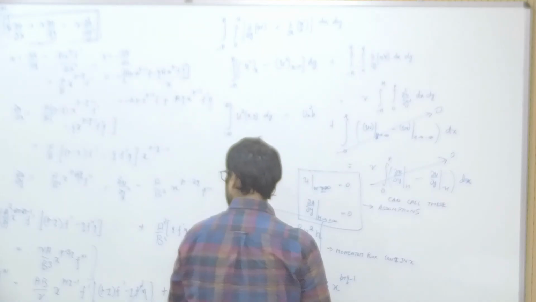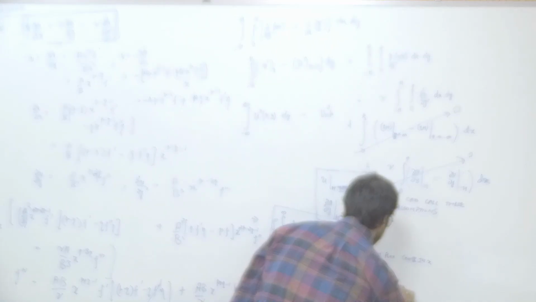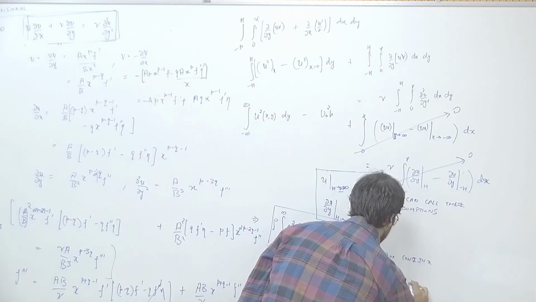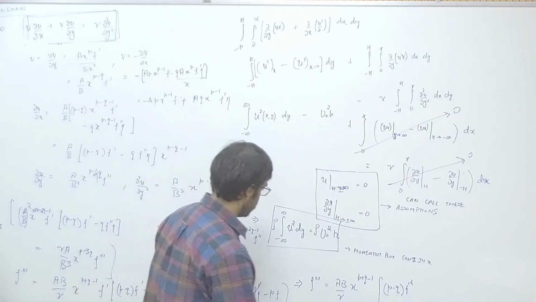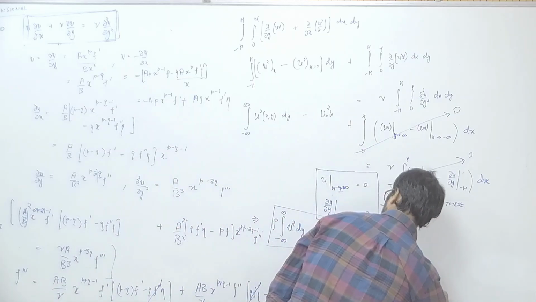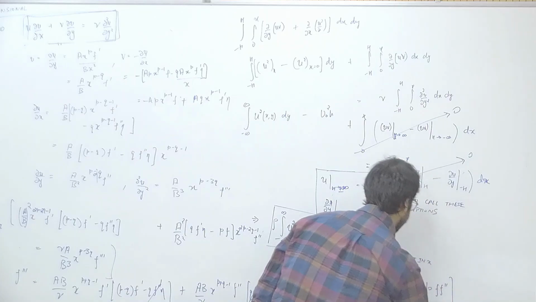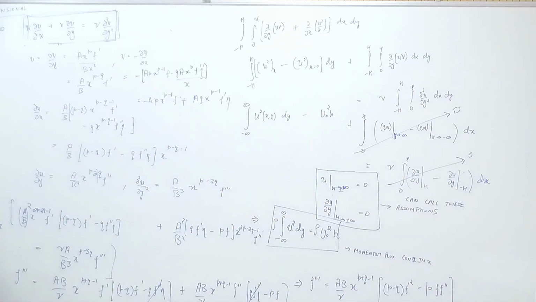and p minus q f prime square minus p f f double prime. This is what we are left with after using this similarity guess, substituting it in our governing equation.